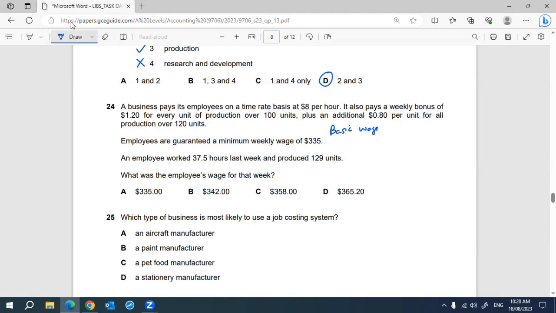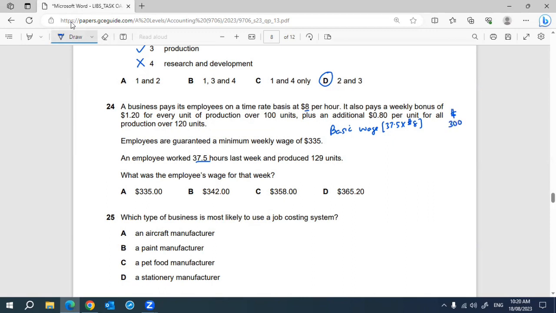The basic wage would be the number of hours worked, which was 37.5, multiplied by the rate per hour, $8. And this would be $300.